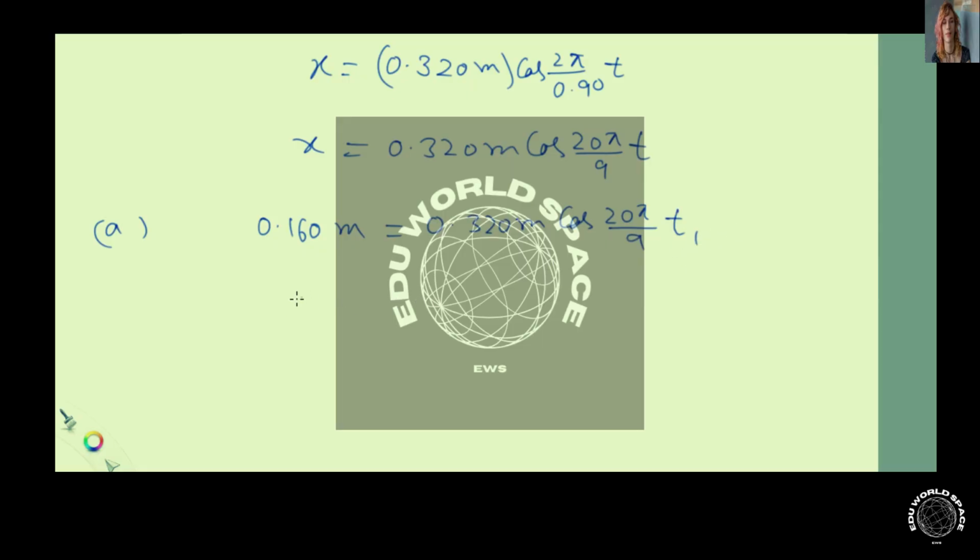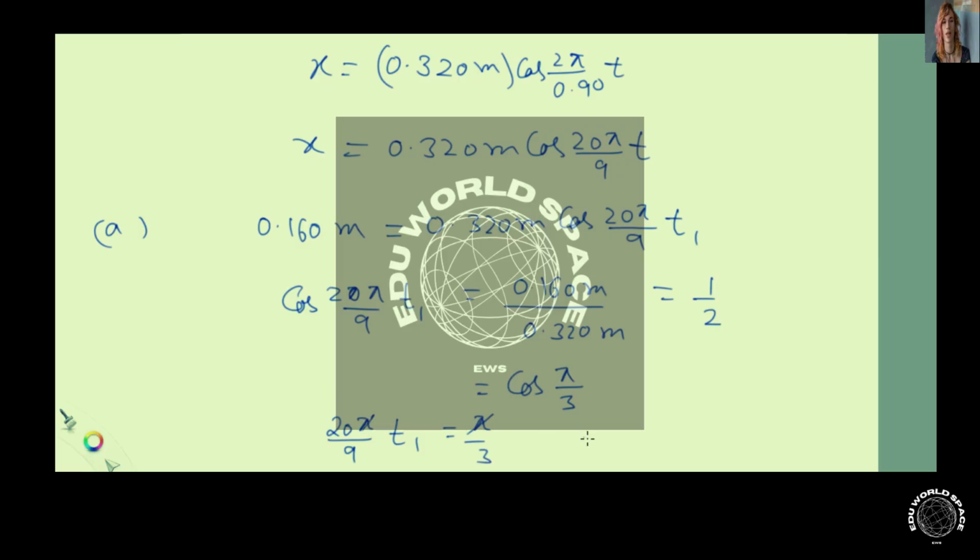So cos 20 pi by 9 t1 becomes 0.160 divided by 0.320, which is 1 by 2. And we know 1 by 2 is the cosine of 60 degrees, which can be written as pi by 3. Hence, comparing the left hand side and right hand side, as the angles are the same, we can write 20 pi by 9 t1 equal to pi by 3.